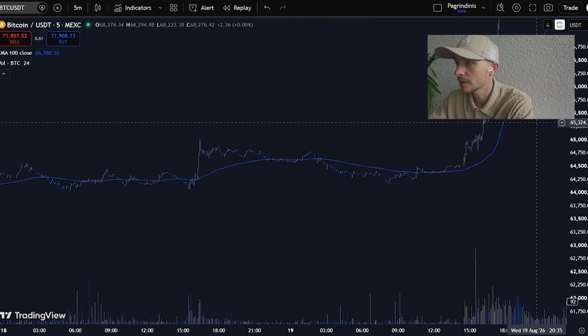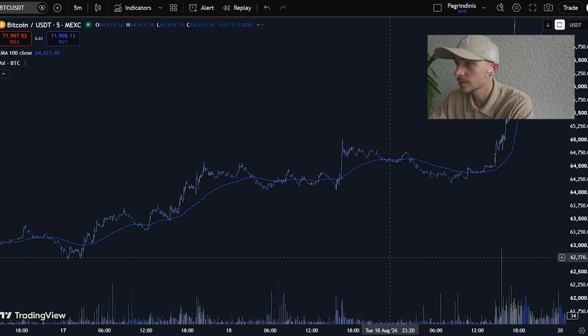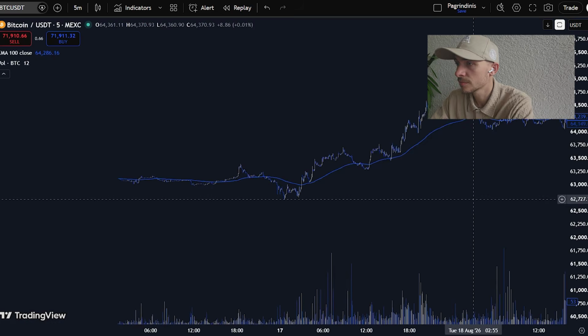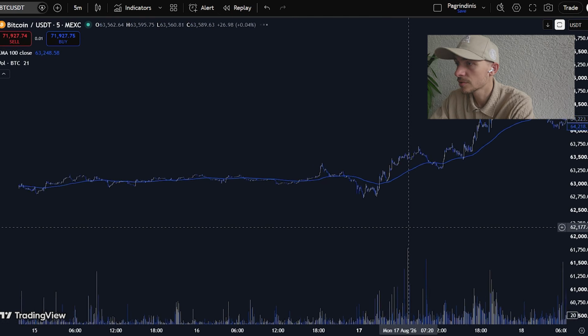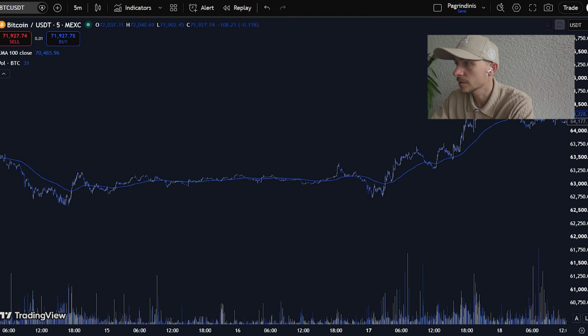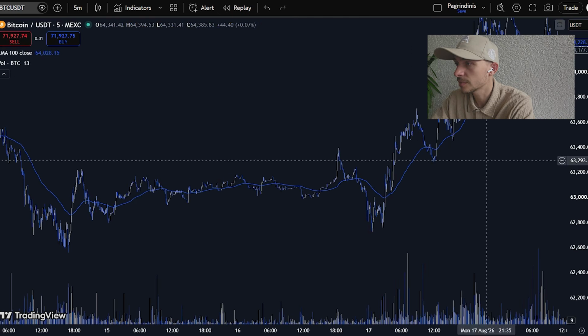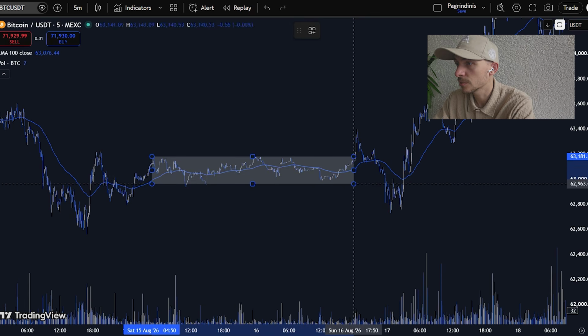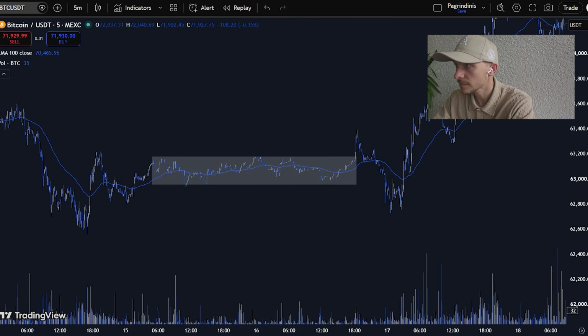Okay, we can move forward a little bit. What do we have here? We have something good, but basically it's an uptrend. Not much. Okay, look at this. It's gonna be a simple example, but we have accumulation right here. After that, what happened?